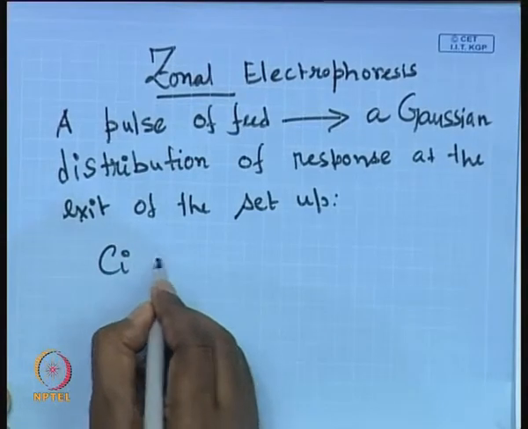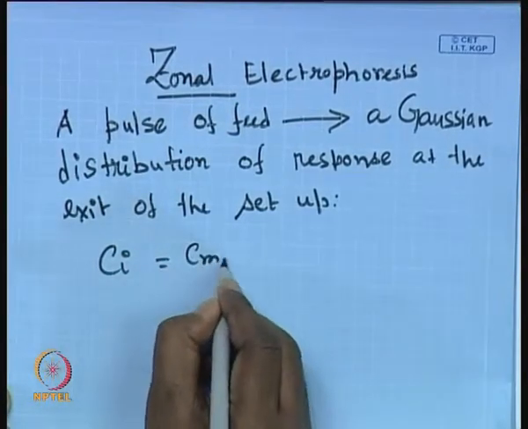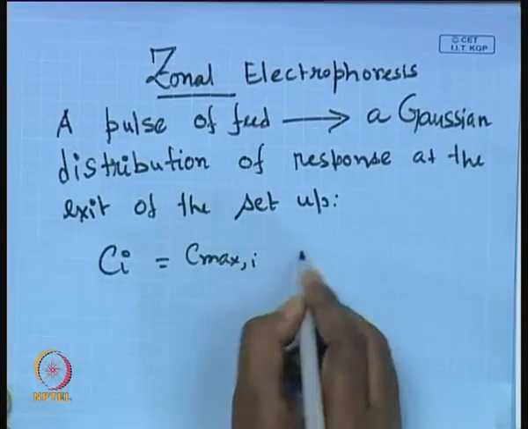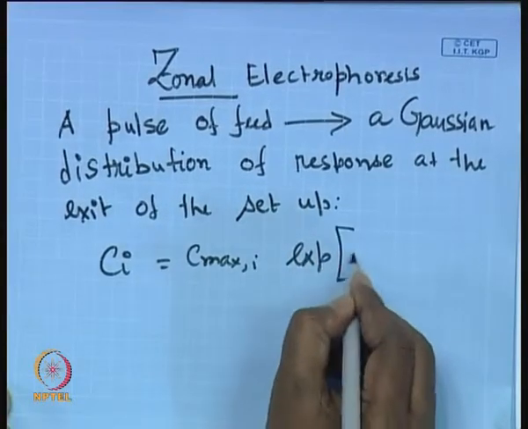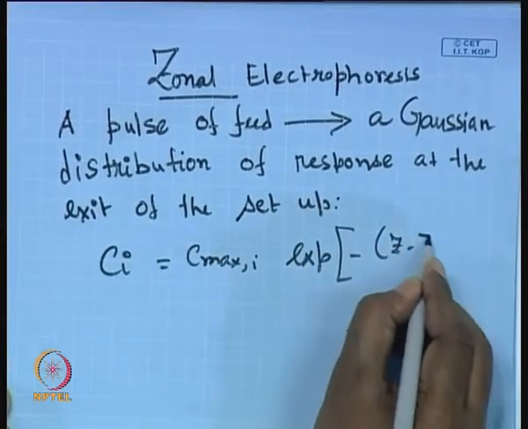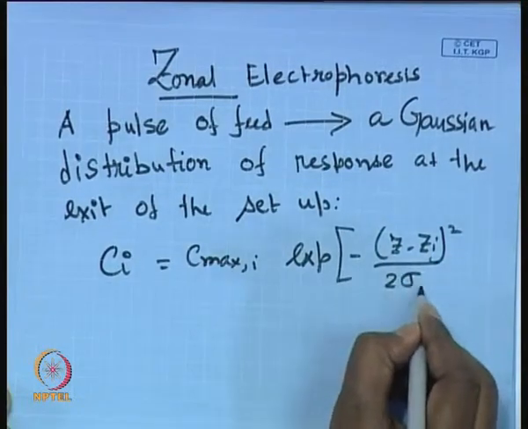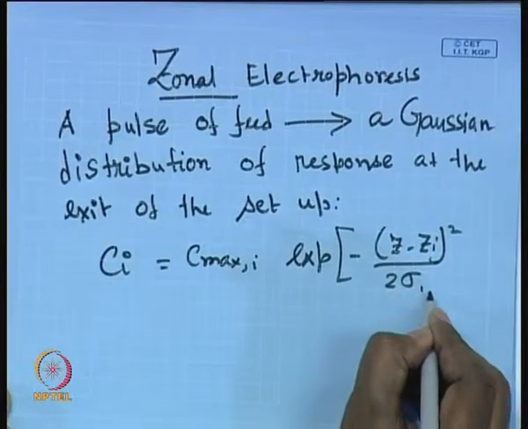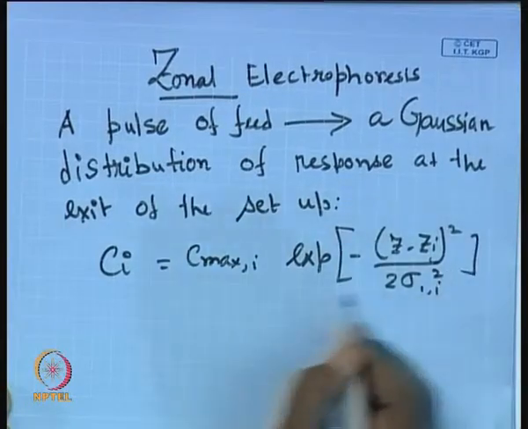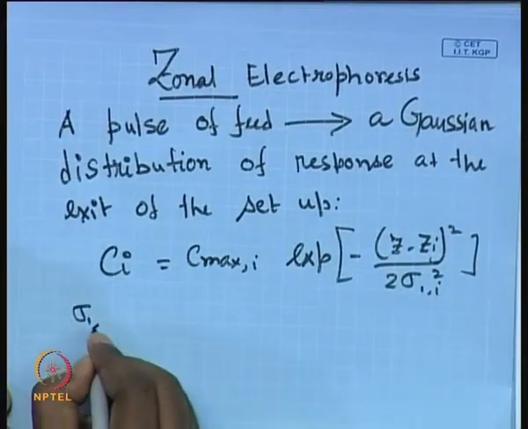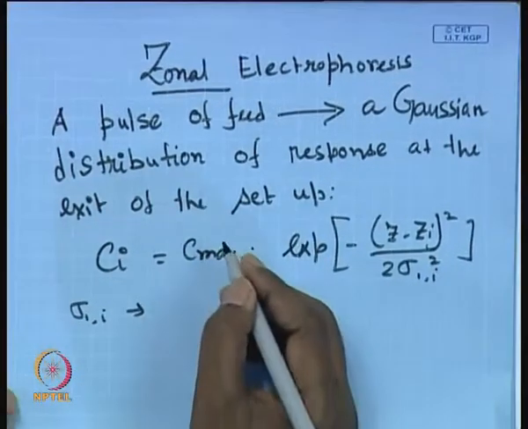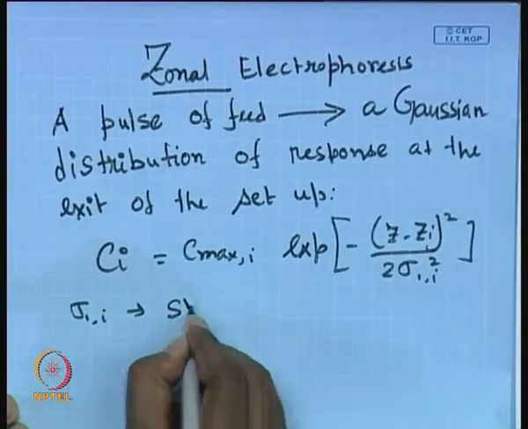It will be something like this: C_i equals C max of the component i times exponential of minus (Z minus Z_i) squared divided by 2 sigma_i squared. Sigma_i is nothing but the standard deviation of the response.